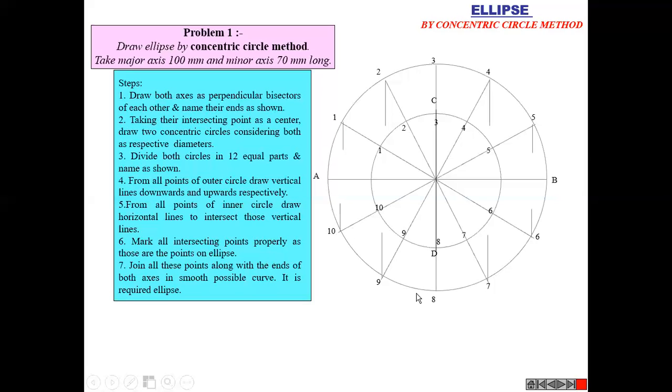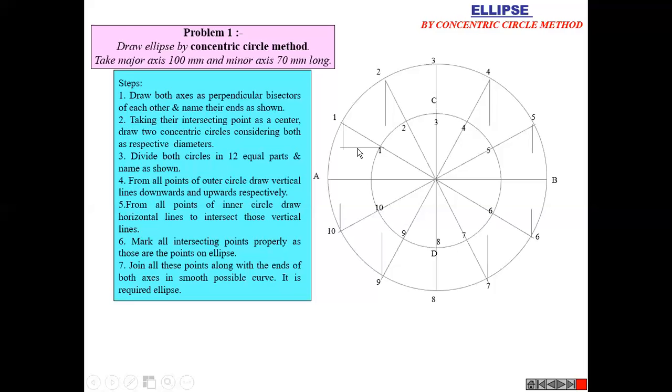Okay. So the next part is, from all points of the inner circle, we have to draw horizontal lines. These lines intersect the vertical lines.